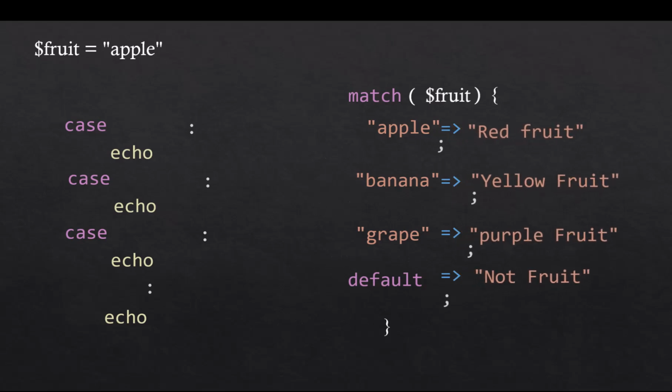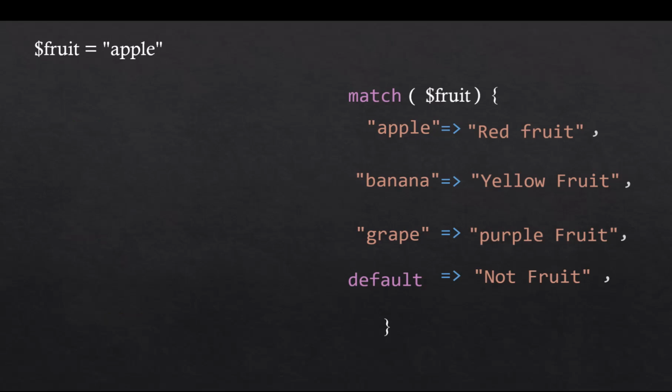Then in place of the semicolons, we change them to commas. Now we don't need this case and equals. Since it's an expression, we can store this inside a variable and echo that variable to display our text.